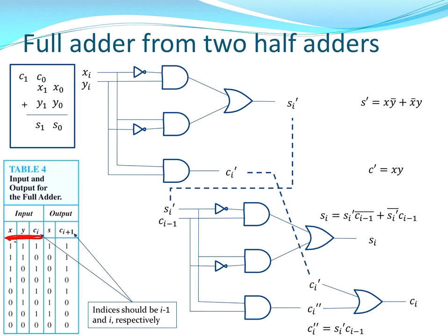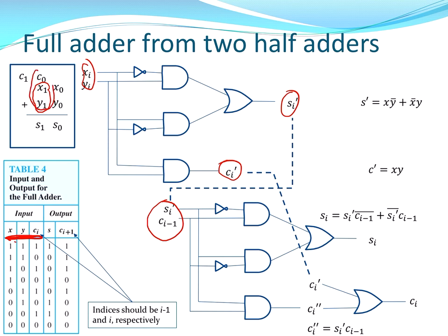Okay, so what we're doing here is we basically can see the 2 half adders that we have here, and we're using 1 half adder to add x1 and y1, or xi and yi, to get an interim sum and an interim carry. And then the actual sum digit will be the sum of the interim sum and the carry digit.